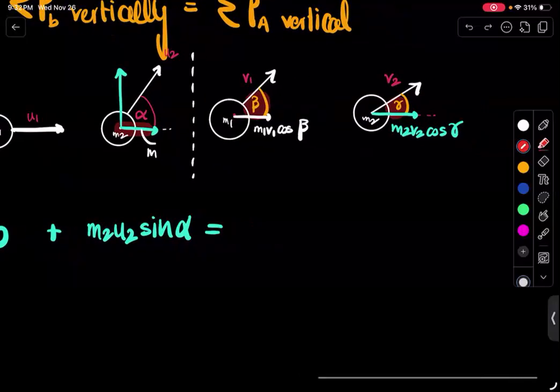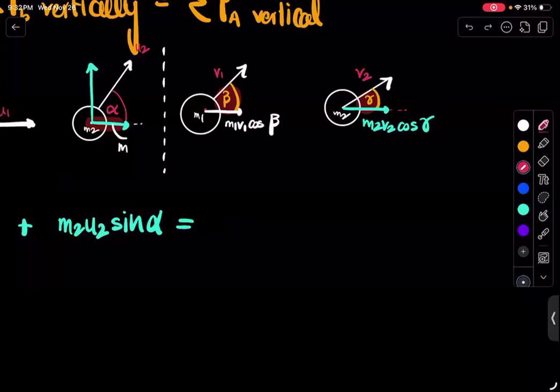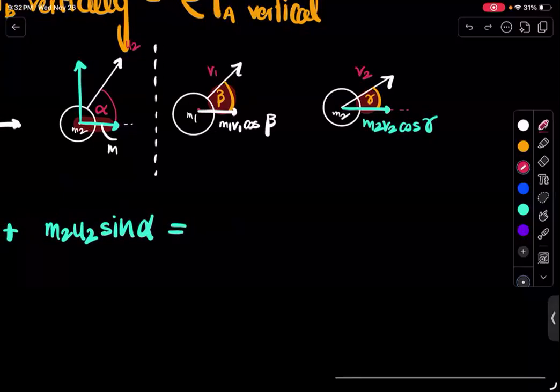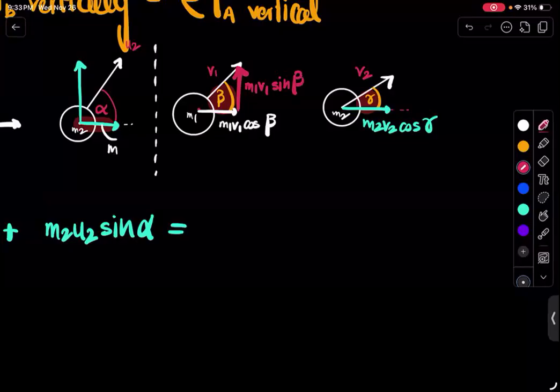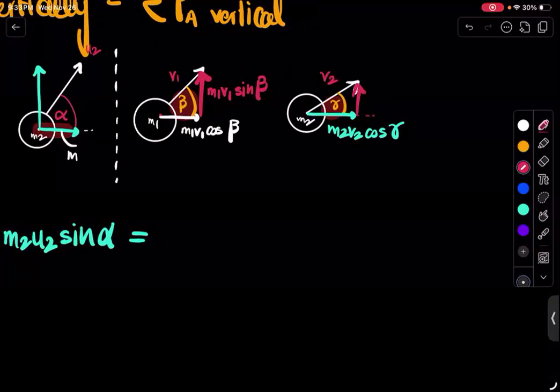Then this should equal the vertical momentum after collision. What is the vertical momentum after collision? This would be the vertical momentum of M1, which is going to be M1V1 sine beta because it's in front of the angle. And in the same way, what is going to be the vertical momentum of M2? That's going to be M2V2 sine gamma, right?